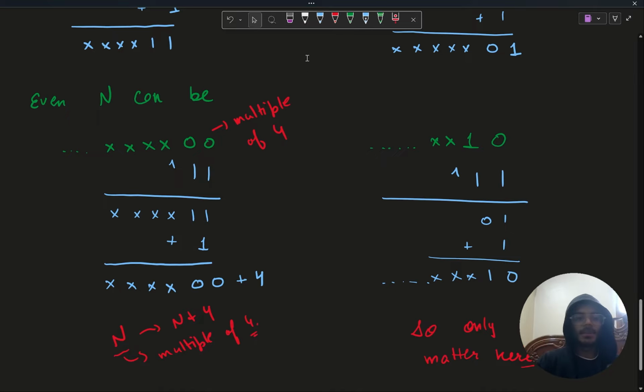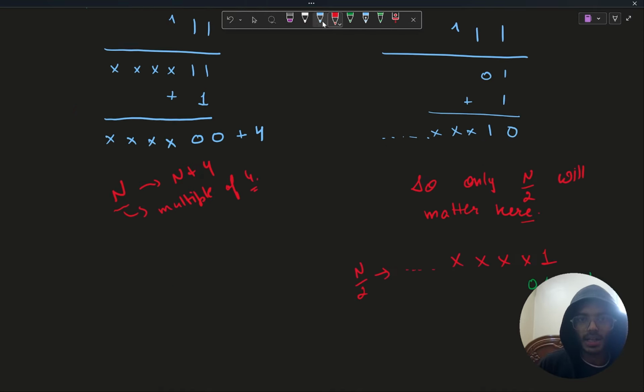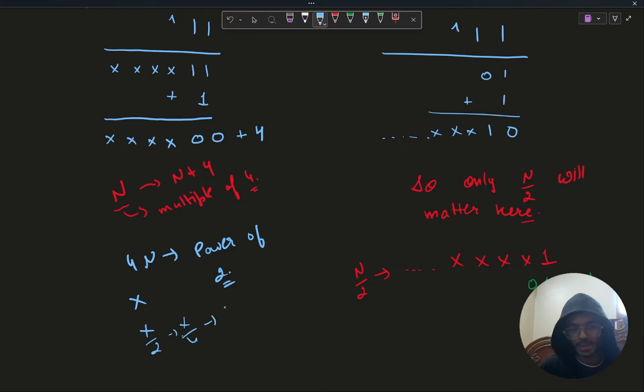Right? And we can just keep applying this operation until we get some multiple of 4, which is a power of 2. We can always get this, right? Like we can just keep applying the operation until we get a power of 2. And as soon as we get a power of 2, we can just keep dividing it by 2. So if let's say we got some number x, which is a power of 2, then we can just do x by 2, then x by 4, then x by 8.